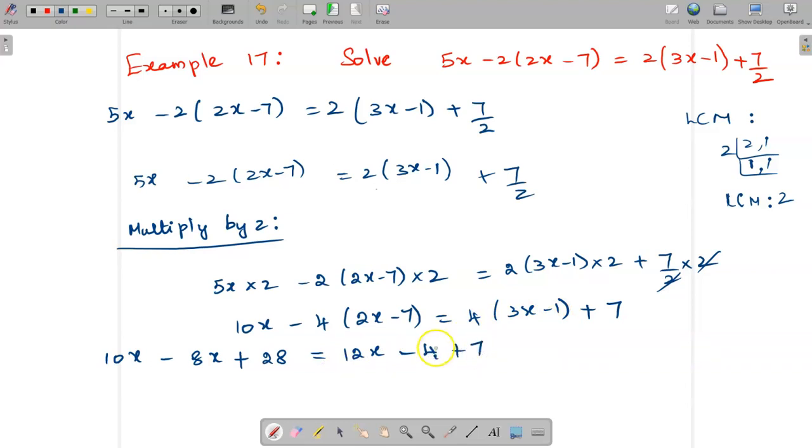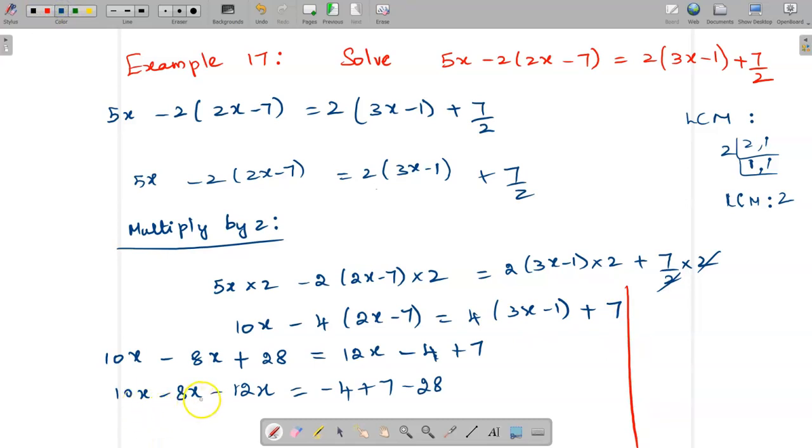Take all the x variables on one side and all other numbers on the other side. So 10x minus 8x, and here plus 12x when it goes to the left hand side becomes minus 12x, which is equal to minus 4 plus 7, and plus 28 will become minus 28.